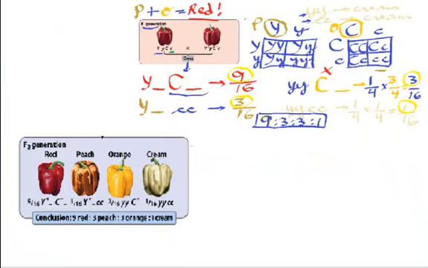So what this means is that our cross here of our original dominant phenotypes give us new peppers in a distribution of 9 red to 3 peach to 3 oranges to 1 cream.